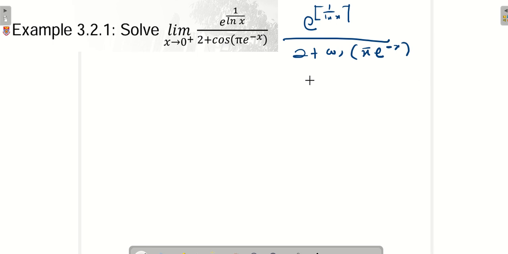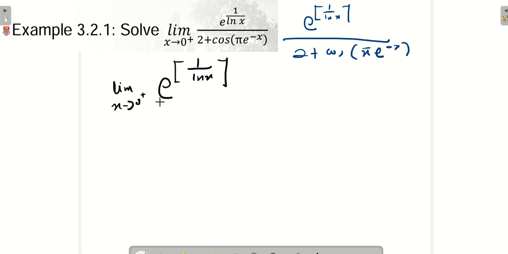Alright, now in this question, let's focus on the numerator. The numerator, we are supposed to find the limit as x is approaching 0 from the right of e to the power 1 on ln x. We are to evaluate this.